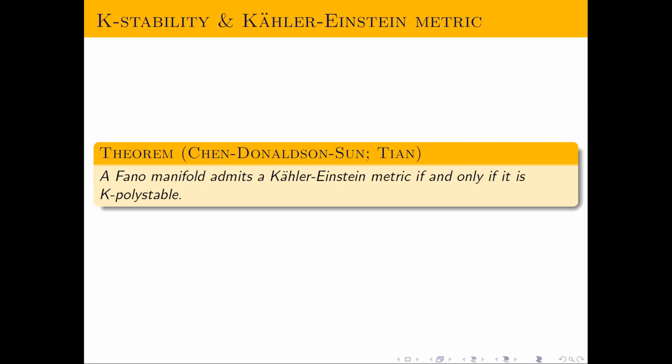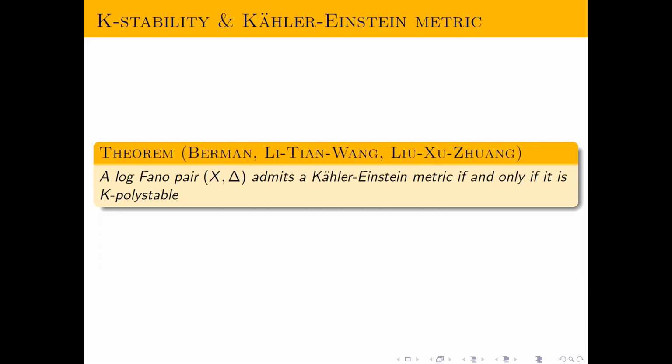What they proved is that a Fano manifold admits a Kähler-Einstein metric if and only if it is K-polystable. It was generalized by many people, Berman, Li, Tian, Wang and Zhang, to log Fano pairs. So it's true for this category.